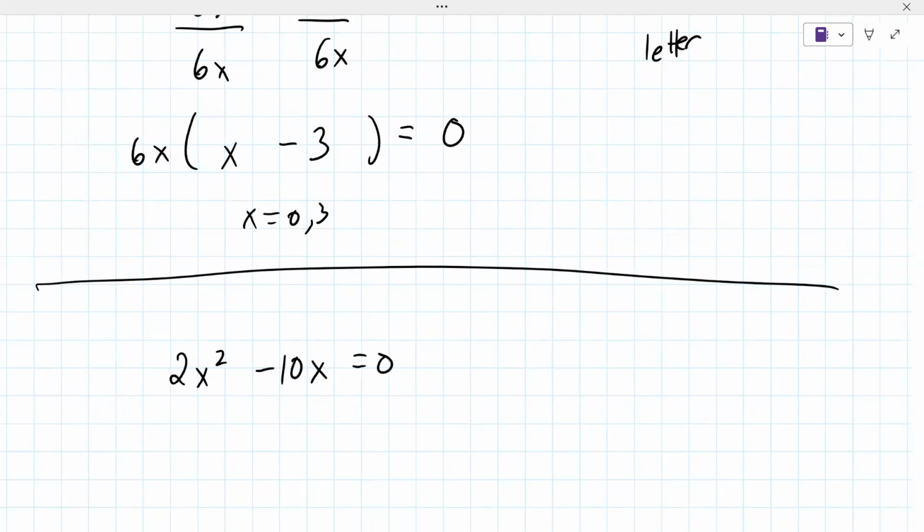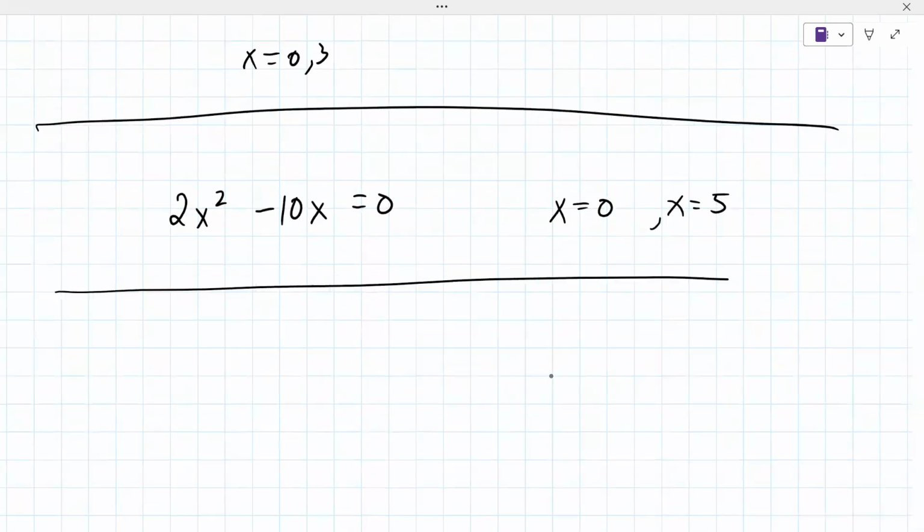Could you try solving that for us, please? x equals 0. x equals 5. Very good. All right. That's great.